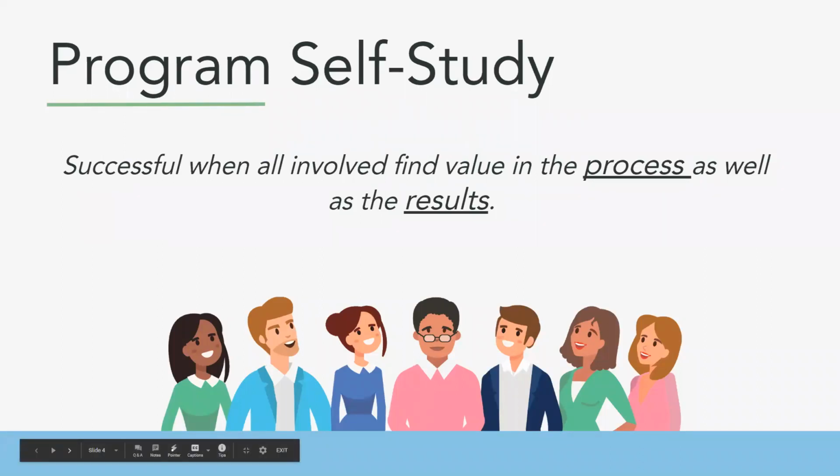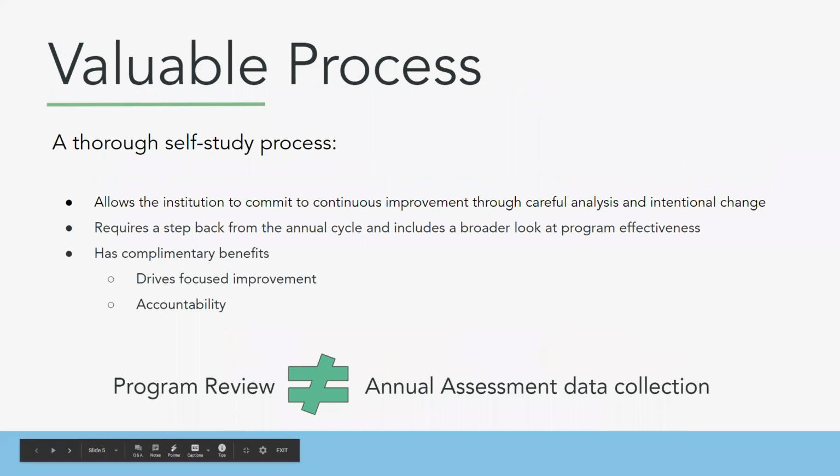All right. So whether the review is for an academic program or a non-instructional or administrative type program or office, it must be done as part of a complementary institutional process, along with annual assessment planning and institutional strategic planning.